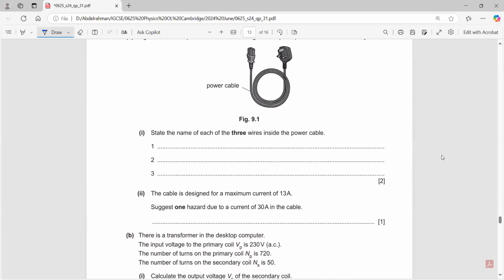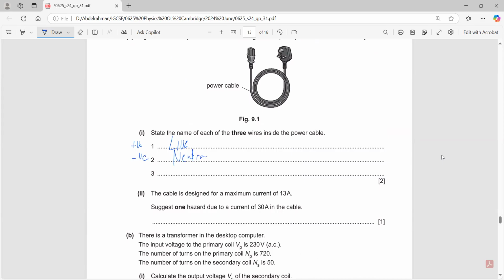Next question, 9. State the name of each of the three wires. We have three wires, which are like the positive wire, the negative wire, and there's a third wire. We don't call it a positive wire. We call it what? Live wire. Remember, the live wire is the positive wire, and the negative wire is called the neutral wire.